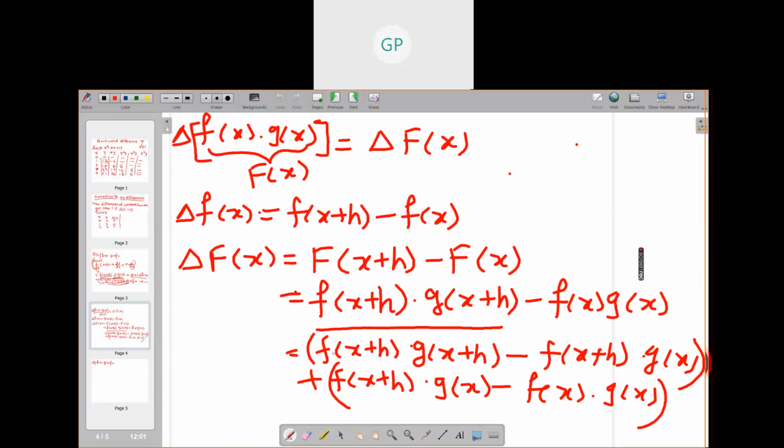From the first bracket, f of x plus h into g of x plus h minus f of x plus h into g of x, what can you take common? f of x plus h. And from the second bracket, what can you take common? g of x, correct, absolutely.